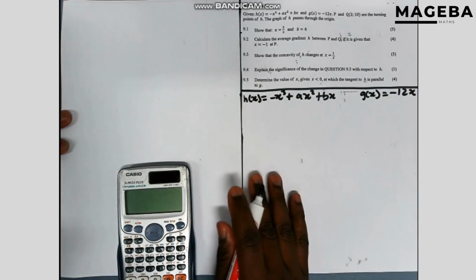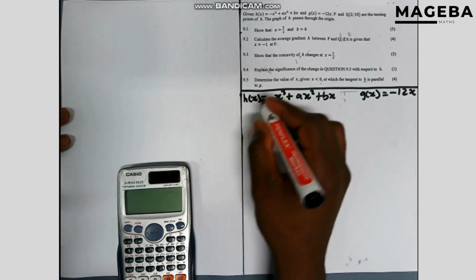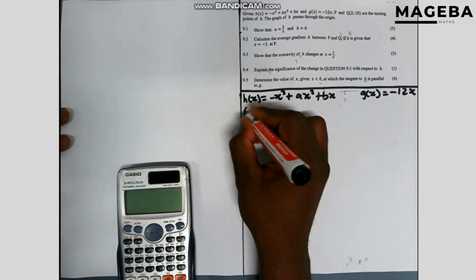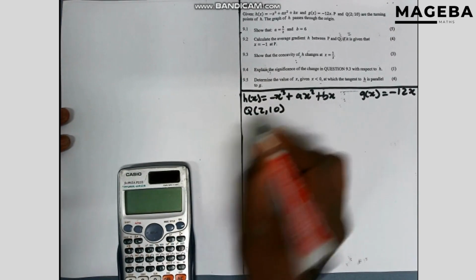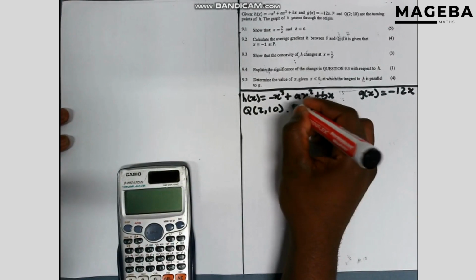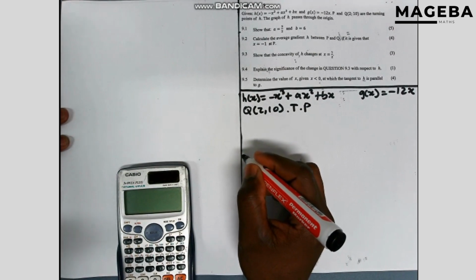We have a point P and a point Q, which is (2; 10), and we are calling it a turning point of h.